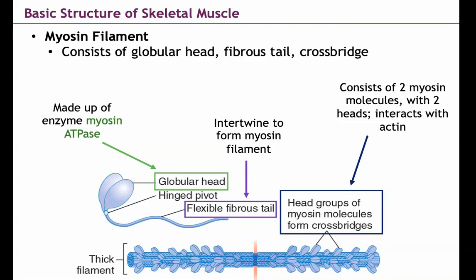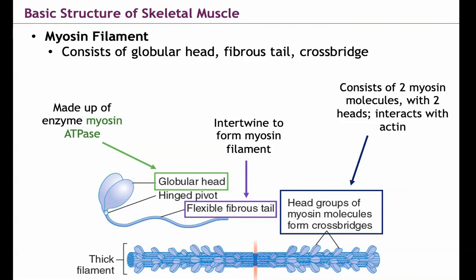These heads are going to connect to the actin, the active site. Remember we learned about the active site? So the active site of the actin is where this myosin head is going to attach. And it's going to pull and it's going to create force. Okay, anything else on this slide? That's basically it.